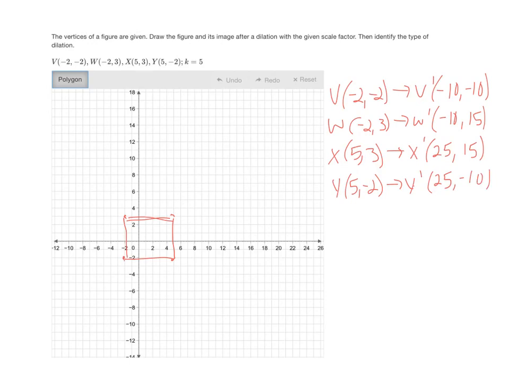Negative 10, negative 10. It's about there. Negative 10, positive 15. Right there. 25, 15.